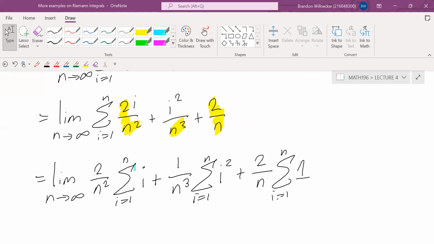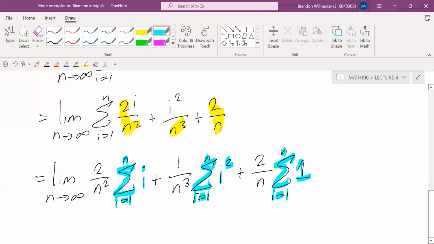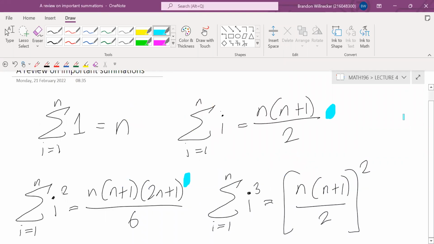So now we've got 3 summations to deal with: the sum from i equals 1 to n of i, the sum from i equals 1 to n of i squared, and the sum from i equals 1 to n of 1. So let's just go back to our page on summations.